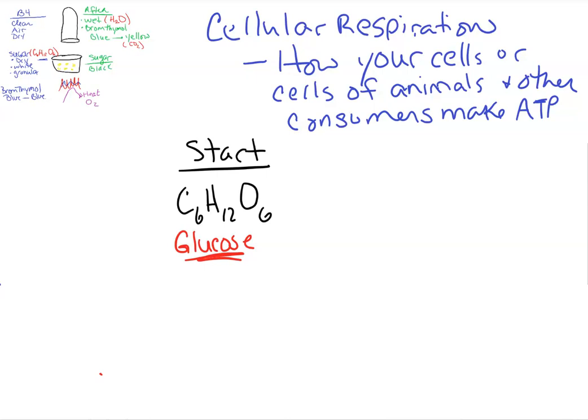We take this glucose and we applied some heat to it, and the only way to get that heat, at least in the lab situation, was to provide oxygen to it. So we also had some oxygen, and we put some heat into this so that we could get this reaction to go.